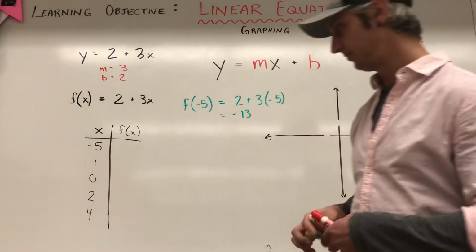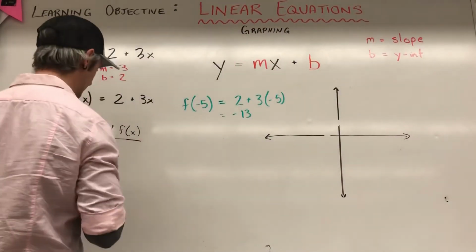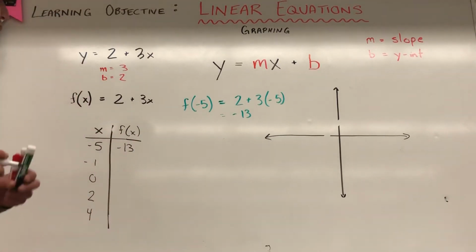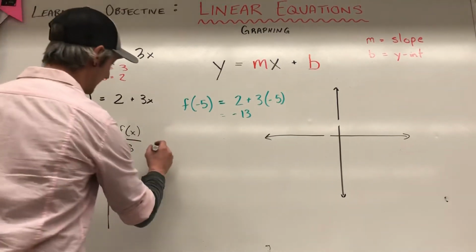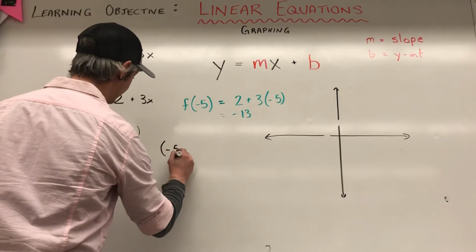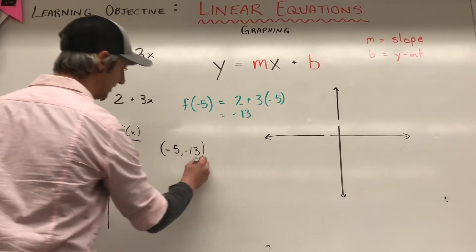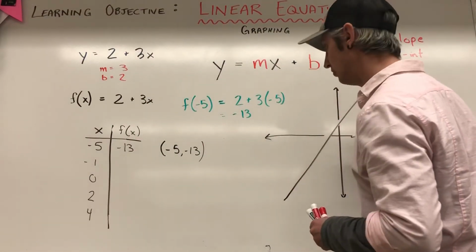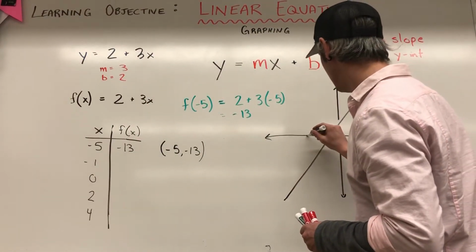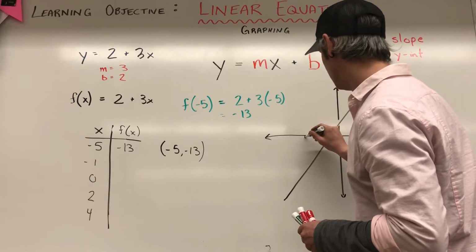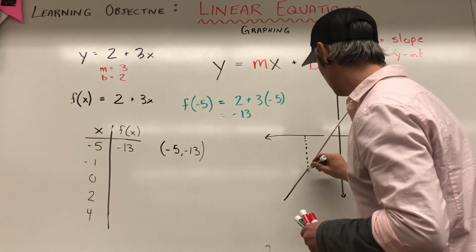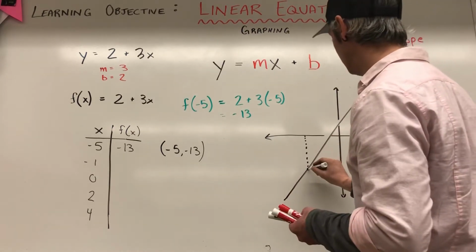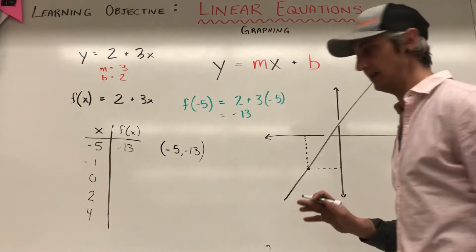So I get an output of -13 when my input is -5, which means this is a data point: x is -5 with y is -13. So I could find this point on my line. I'm looking for -5 on x, which is there, and then -13 will be right there, if this was the graph of that line. That is going to be a point on my line.